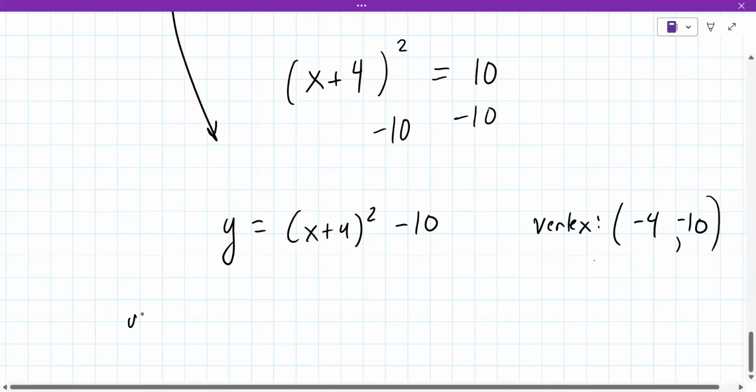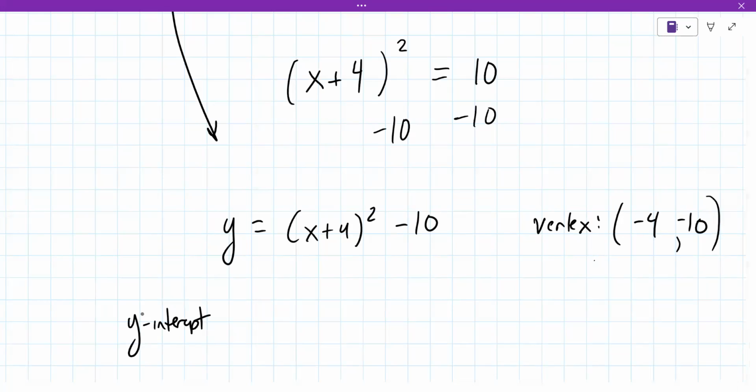Now the next thing is the y-intercept. What do you have in your notes for the y-intercept? Is it we switch the x for 0? Put 0 in for x, yes. So y equals 0 plus 4 squared minus 10.